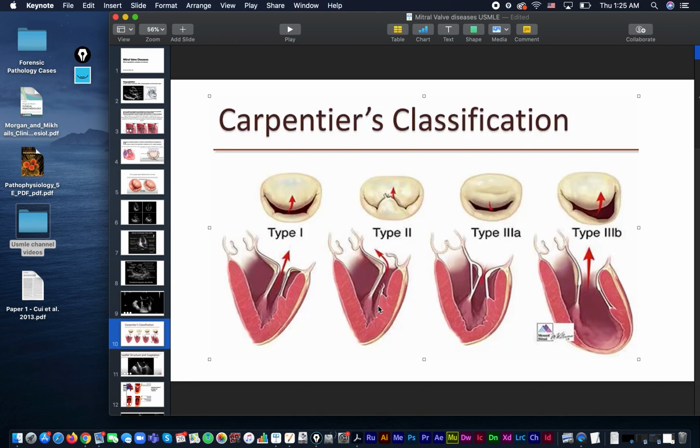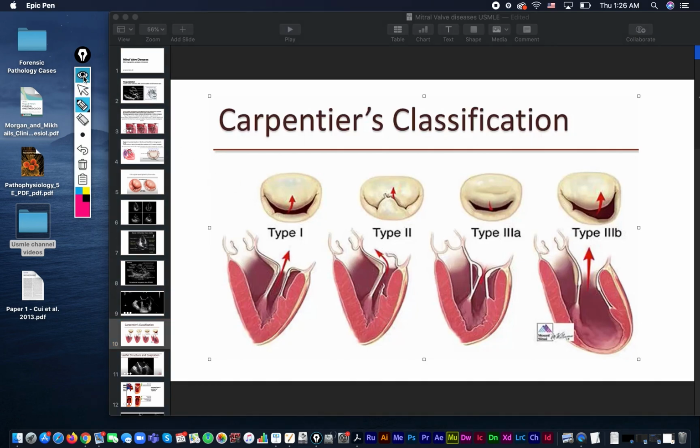And this is what I mean by, because you're diagnosing it with an echo, right? So let's look at type 2. Type 2 is excess leaflet motion, as we can see here. Now let's think, we just talked about flail cord. That can cause excess leaflet motion.